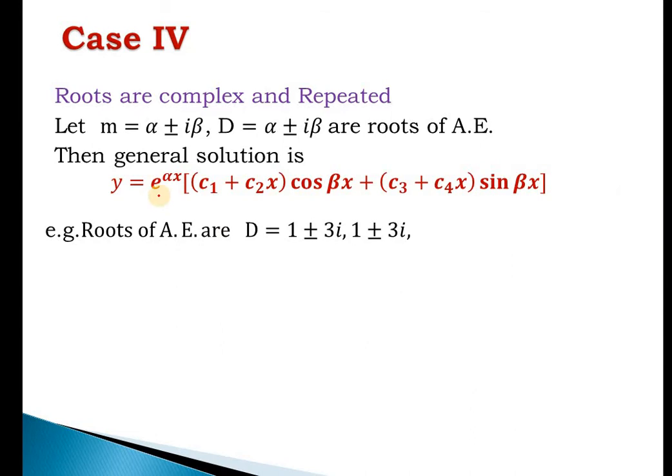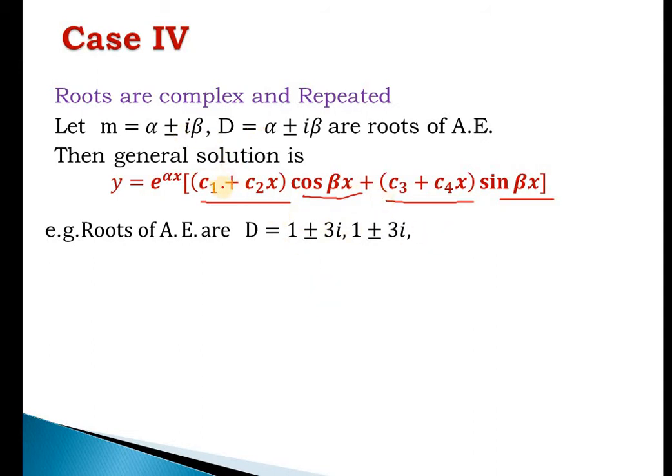So e raised to alpha x into bracket C1 plus C2x times cos of beta x, because alpha plus i beta occurs 2 times, plus C3 plus C4x into sin of beta x.